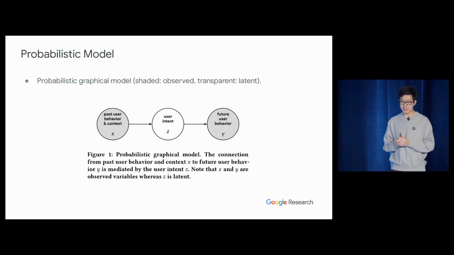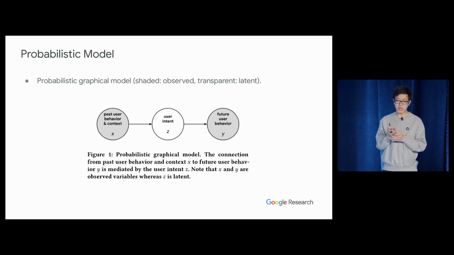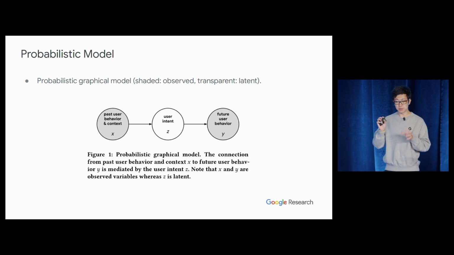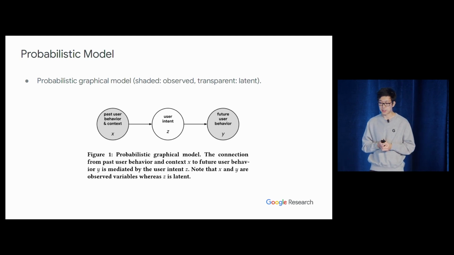Notice that in your log data, you do have the observed past user behavior and future behavior. So those variables are essentially observed. That is denoted by the shaded nodes here, whereas the user intent is actually a latent variable. That's denoted by a transparent node here.